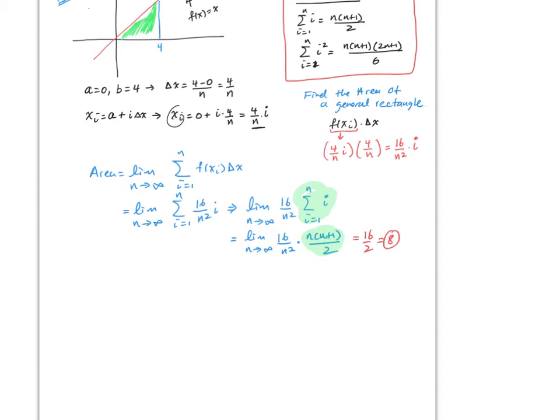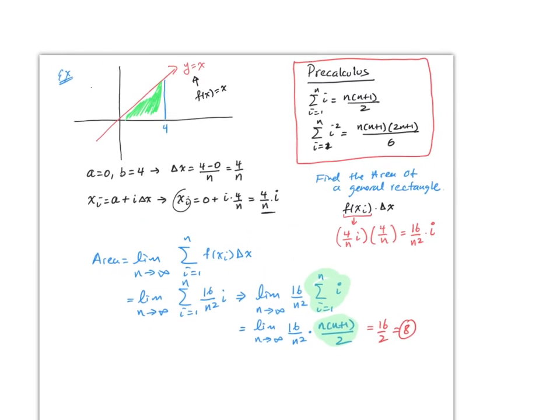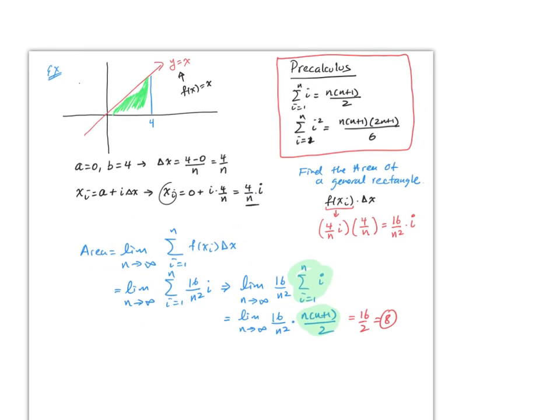And that's the area. Now, this one was to illustrate the point. The only reason why I picked the easiest example first is for you to convince yourselves that the area actually works. Notice that this is just a triangle, okay, where the base is 4 and the height is 4.